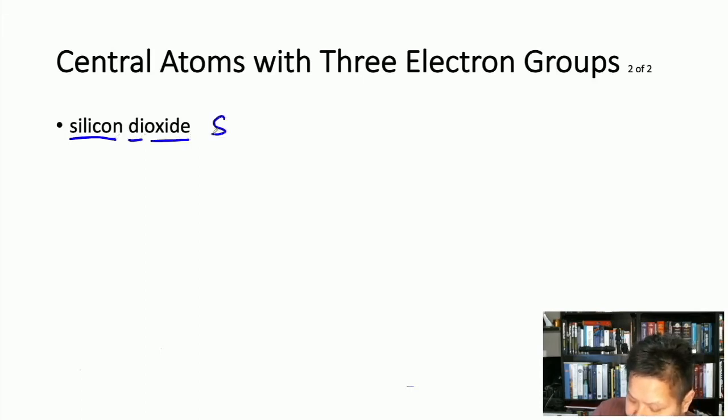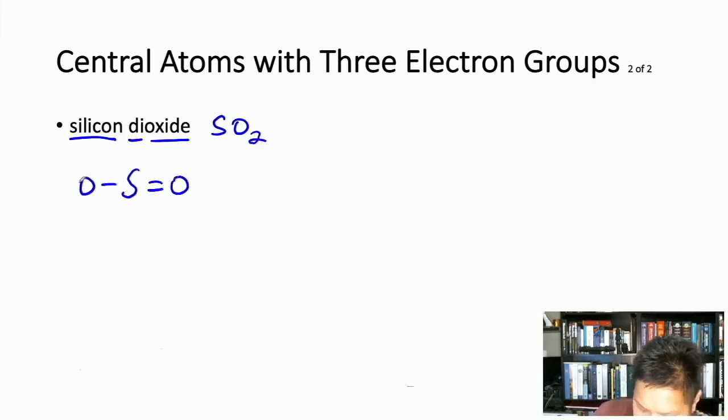That means sulfur dioxide, SO2, like so. We'll start out by drawing its Lewis structure, like this. We can count up the number of valence electrons and fill in the spots, like so. I'm not going to do that here because this is just about the shape.